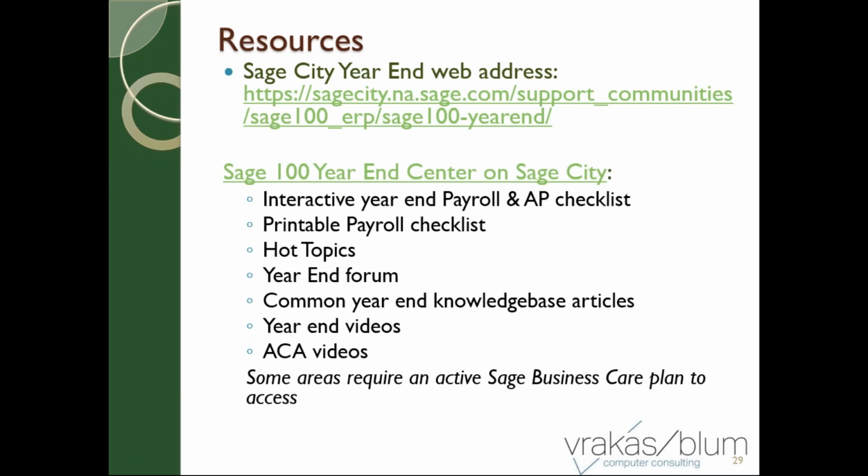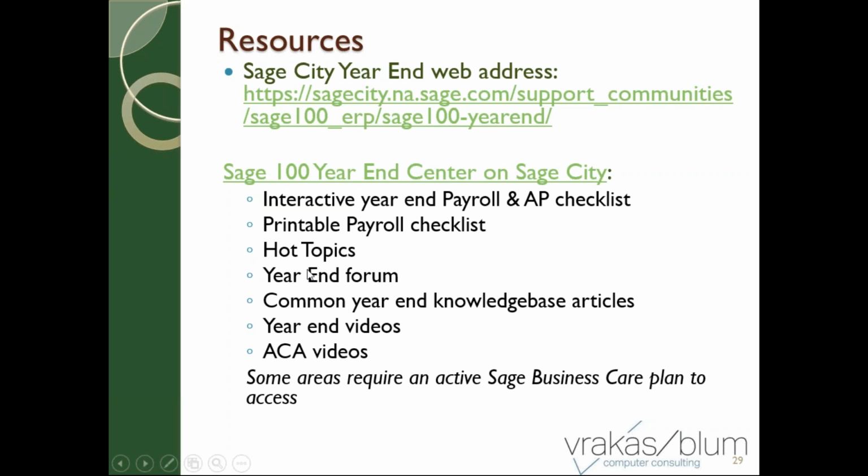As far as resources go, we will definitely be your main resource. However, you can go on to Sage City. They have an excellent year-end center. I provided the website address up here, and then these are the items that you can look forward to seeing on there. We have the interactive year-end payroll and AP checklist.